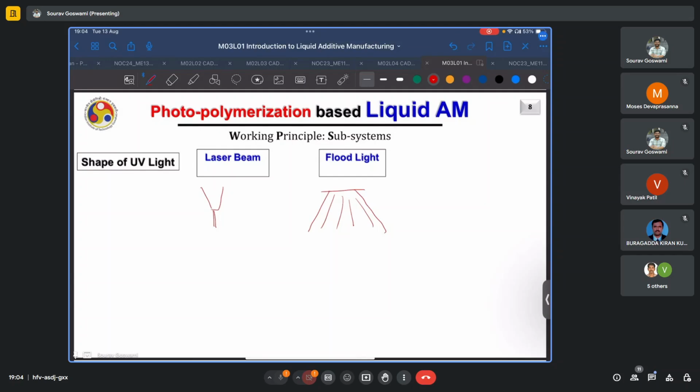Now, another problem with the laser beam type shape of UV light can be whether the exact profile of the beam is getting maintained or not. And what typically happens is that, say, when you are depositing just below the laser light, or when the angle of deflection with the vertical is very low, the beam still maintains its circular profile.